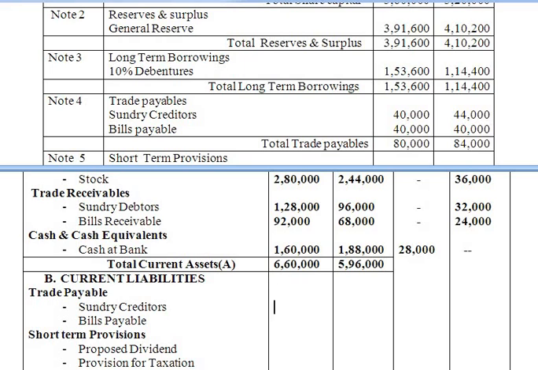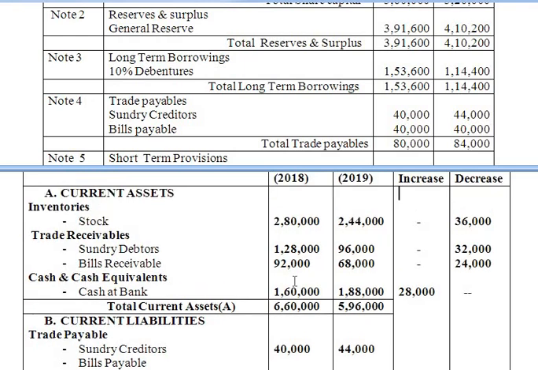The first current liability is trade payables. The details of trade payables are available in note 4. First one is sundry creditors. The amount of sundry creditors for the year 2018 is 40,000 and for the year 2019 it is 44,000. There is an increase in sundry creditors of 4,000.